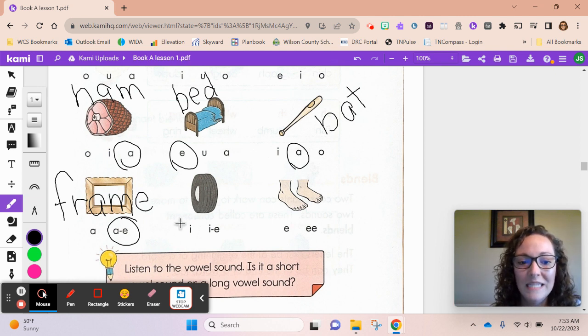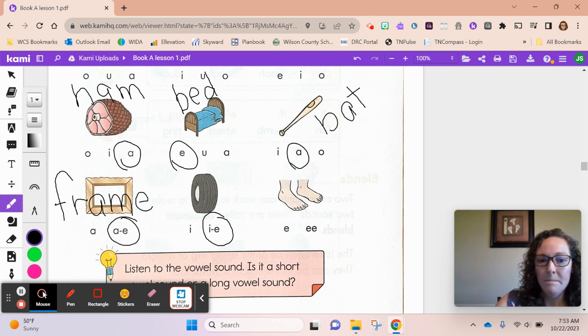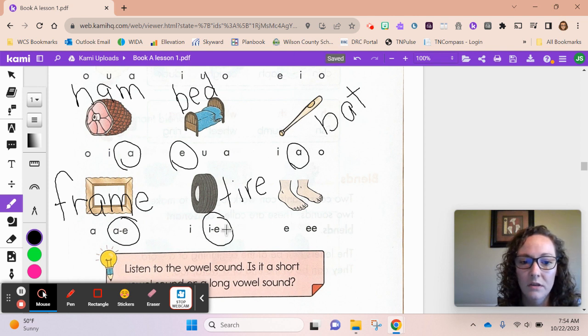Now this is a picture of a tire. Tire. I hear I, long I sound. So I should circle this one. And it is spelled T-I-R-E. Once again, this hyphen is in place of the R. Now this last one, they are feet.